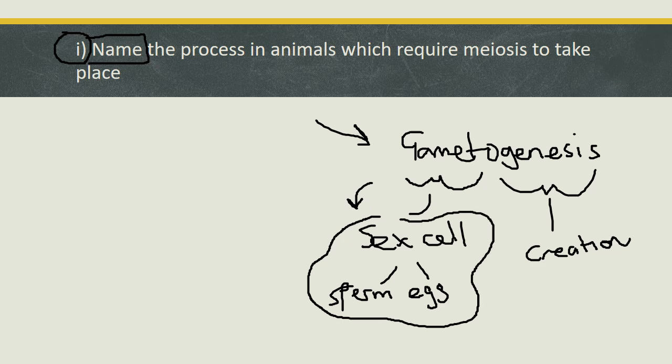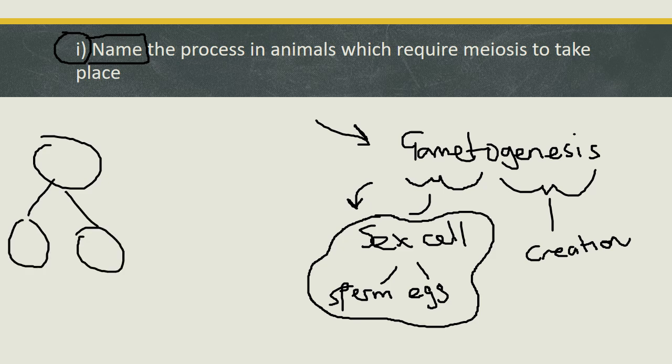Now, if you ask the question, why do we create sperm and egg cells? Why is it different from creating any other cells within our body? Well, for this we have to look back to mitosis and give a comparison, because mitosis was the exact copying of the chromosomes. So in mitosis, we started with a cell with 46 chromosomes, and we ended up with two identical daughter cells with 46 chromosomes.